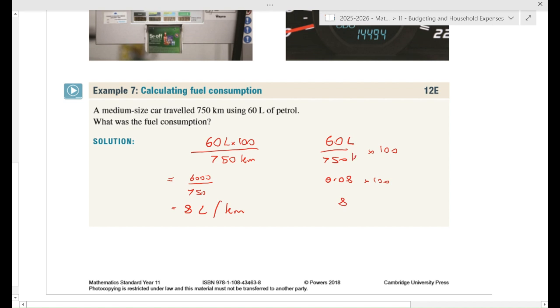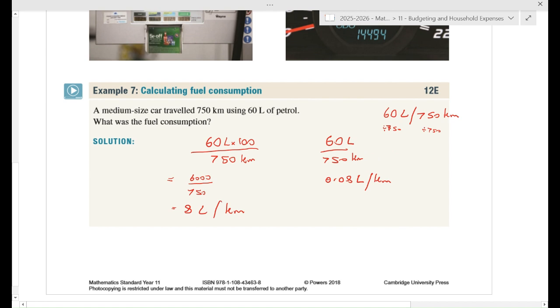That is litres, that is kilometres. So we're actually working out 60 litres per 750 kilometres. So that's what we've done. We use 60 litres in 750 kilometres. So when we divide by the 750 on both sides, because that's what we're doing, we actually get the 0.08. So that is actually 0.08 litres per 1 kilometre. Okay, so that's what we've worked out there.